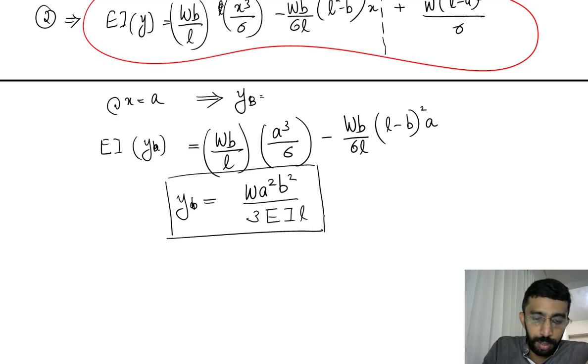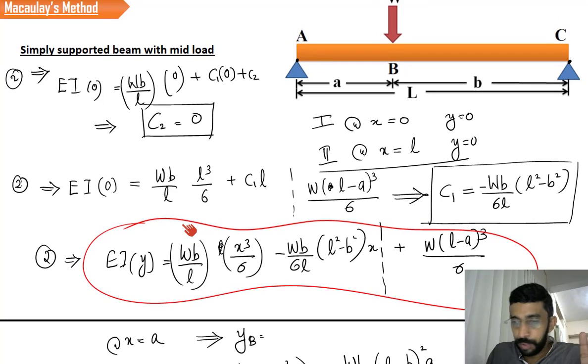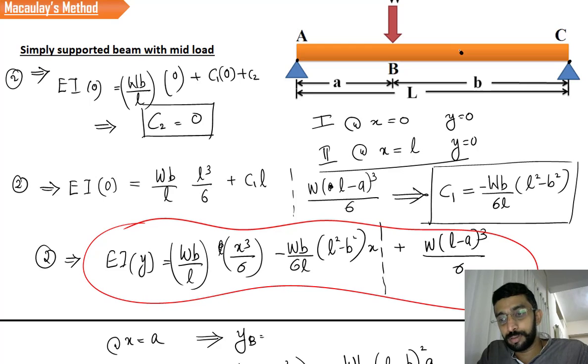Now the beauty of this Macaulay's method is that if they ask you the deflection at a particular point somewhere here, what can you do? Use the general equation. Right now you have a general equation. Identify the location of the point. Here it is going to come between B and C, so we have concluded that we have to consider all the terms.